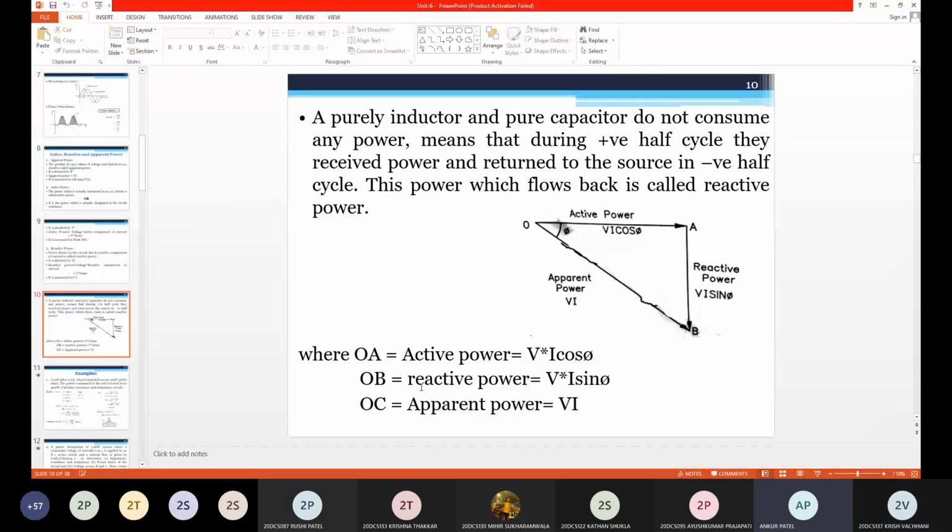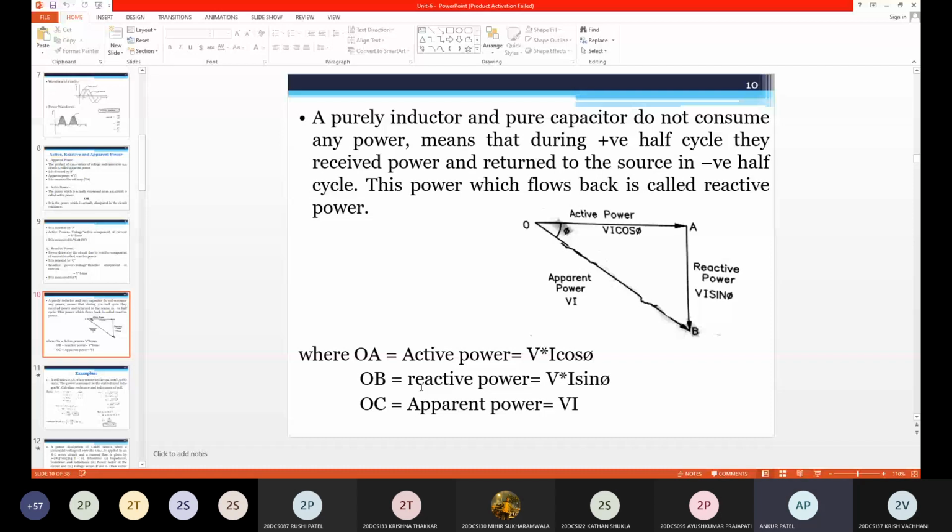Difference is nothing, but we can represent by these three definitions. Means we can calculate the power factor of the circuit by these three relations.